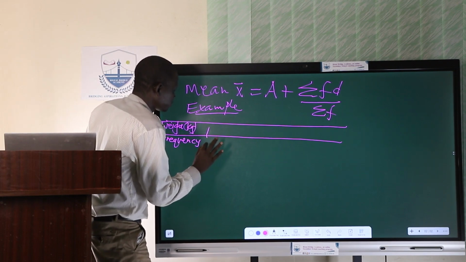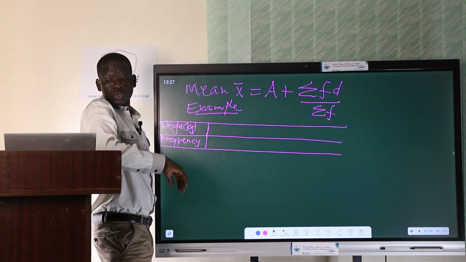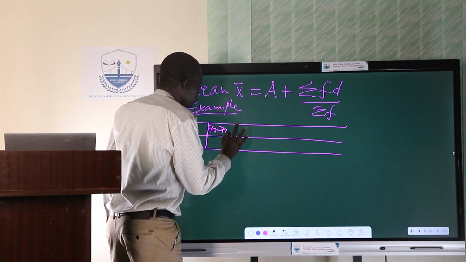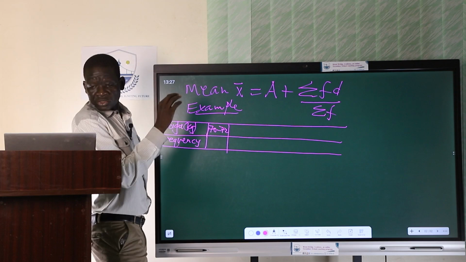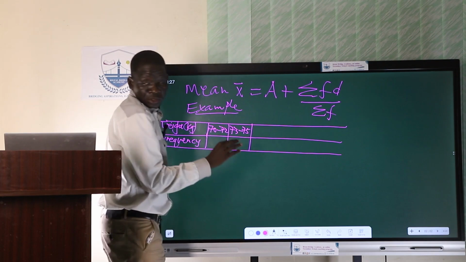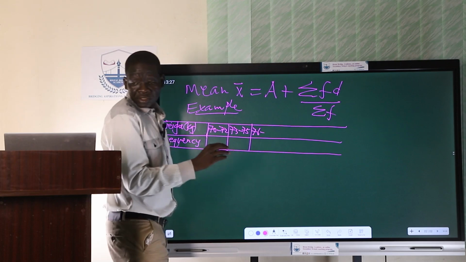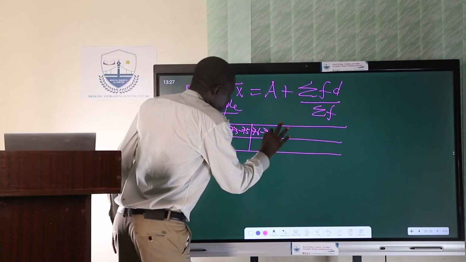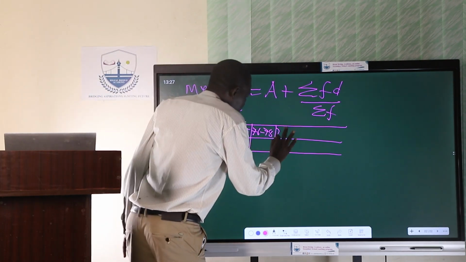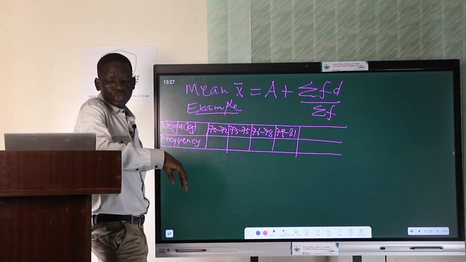We have the frequency. So on the weight, we have 70, 72, then 73, 75, 76, 78, then 79 to 81, then 82 to 84.